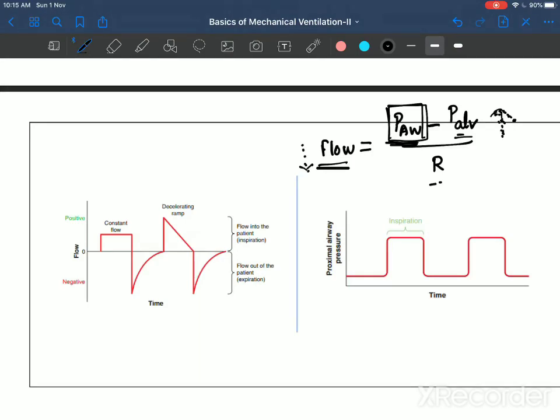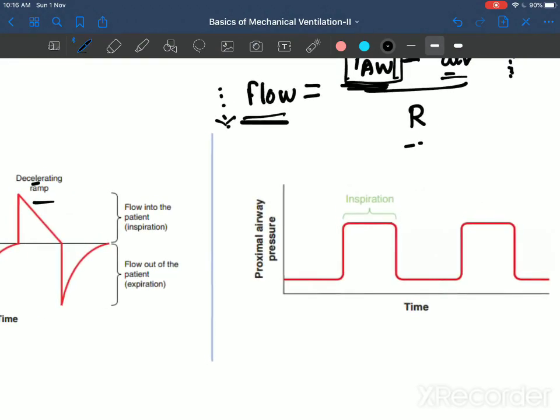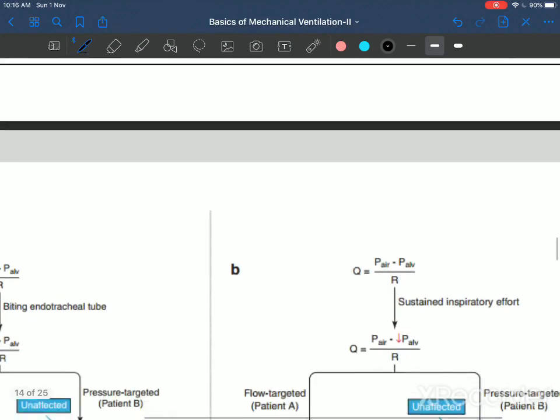That is why you usually have this decelerating ramp kind of graphic. So flow must decrease as alveolar pressure increases. Coming to the next one, this is just the proximal airway pressure, which remains constant during inspiration. Not much explanation is required for this.